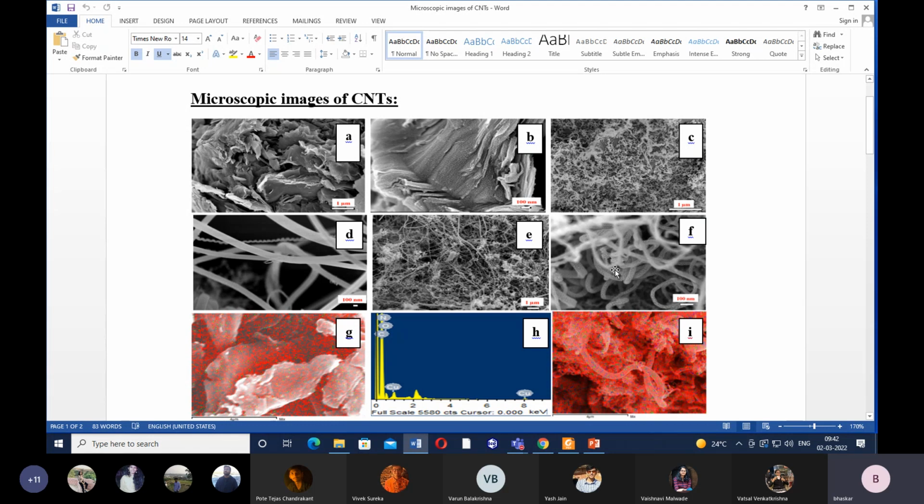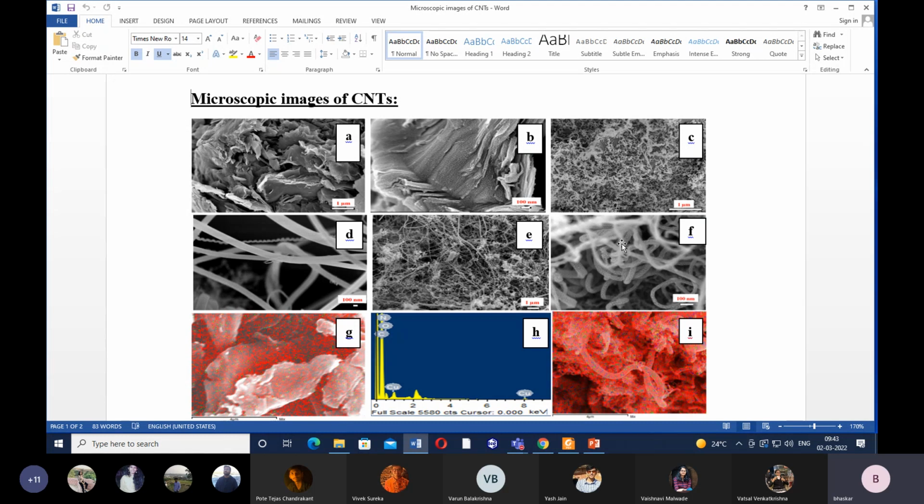Now I need to show you that the decomposition of CxHy followed the tip growth mechanism. By SEM analysis we can show it, but it is very complicated to show using SEM analysis. There is another analysis called transmission electron microscopic analysis.